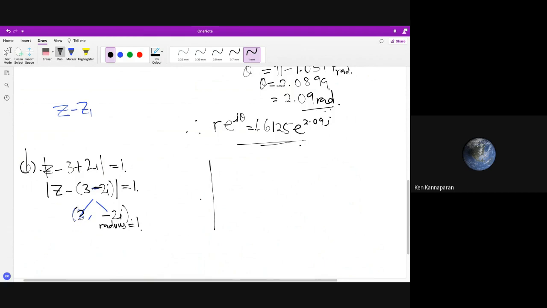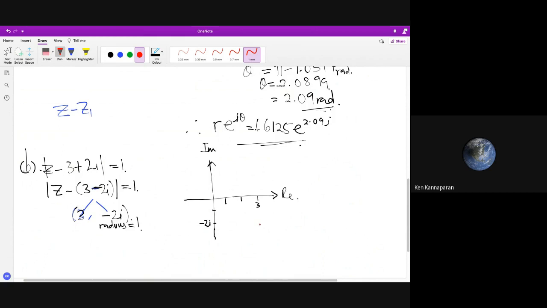Okay, first let's plot the points. That's your IM, imaginary axis, and that's your RE, the real axis. So 3 and minus 2, 3 positive, 1, 2, 3. Just approximately. And then negative 2i, so negative goes to the negative axis, so that's minus 1, and then let's say that's minus 2i. It doesn't have to be accurate.